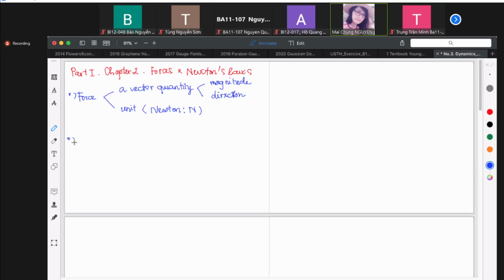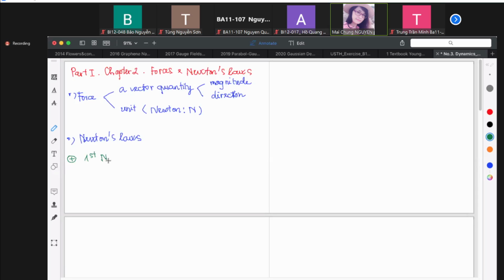Okay, the next part we consider the three Newton laws. What about the first Newton law? Could you state the first Newton law?